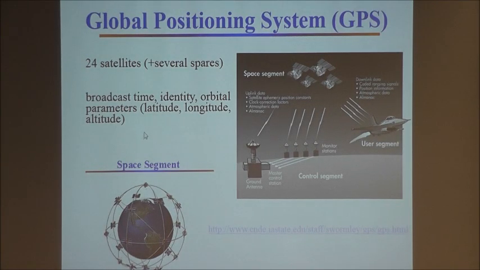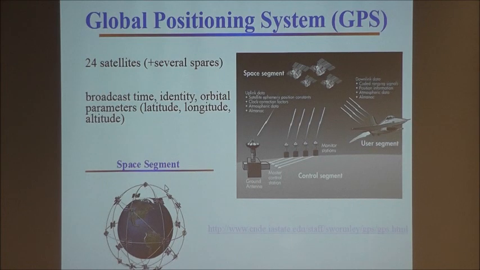So GPS. In GPS you have 24 satellites and some spare ones which are rotating around planet Earth. They broadcast time, identity, orbital parameters, latitude, longitude, and altitude to the Earth. And they run in real time.